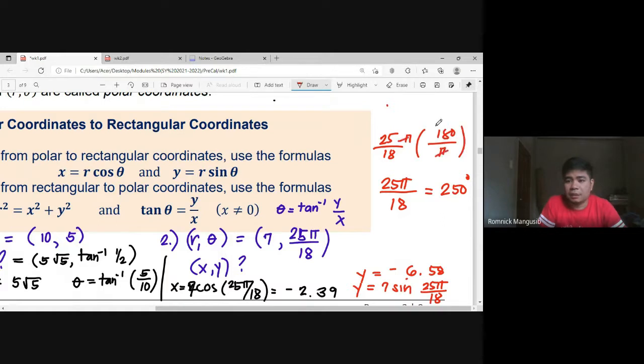The pi cancels, and 180 is divisible by 18, so that is 10. 10 times 25 is 250 degrees. Its equivalent is 250 degrees.